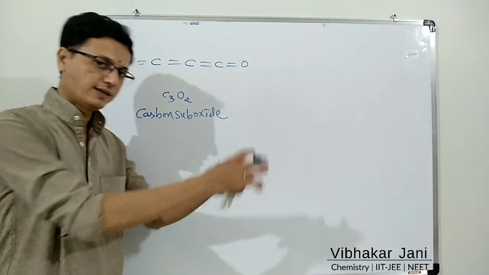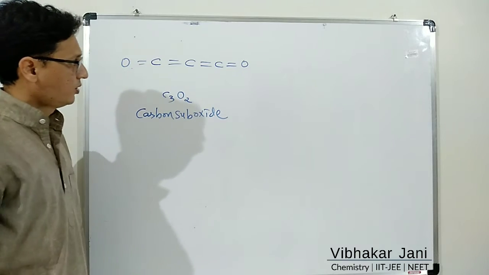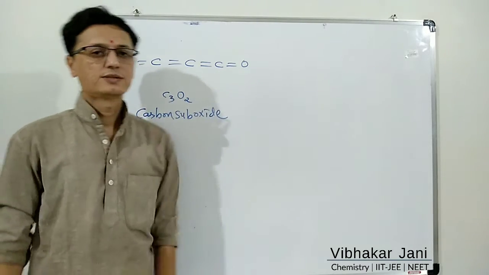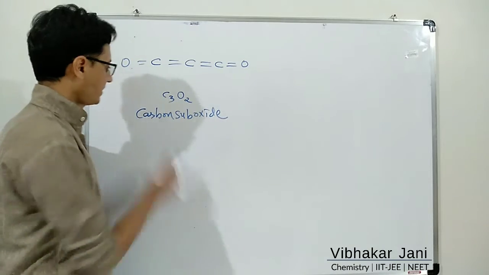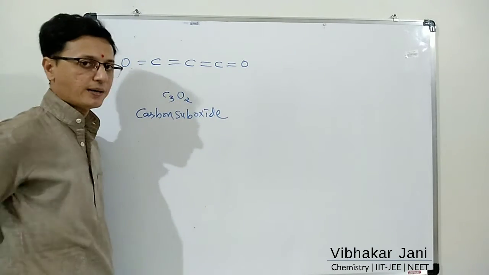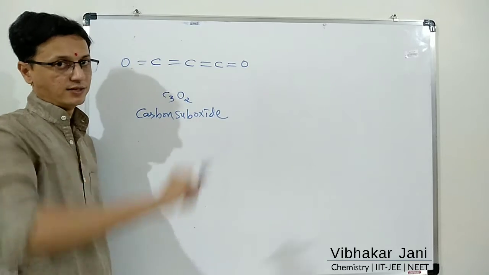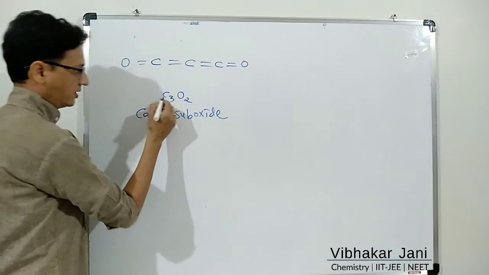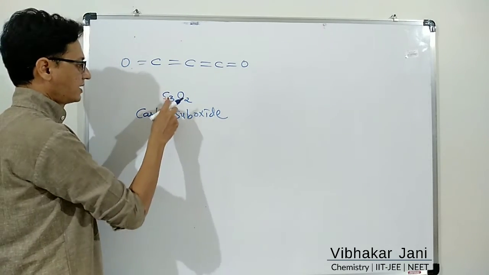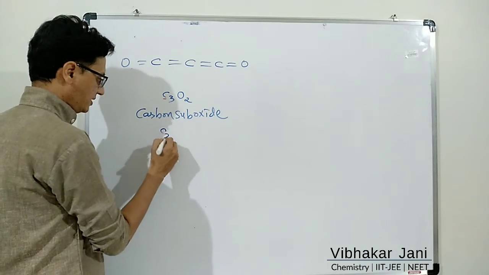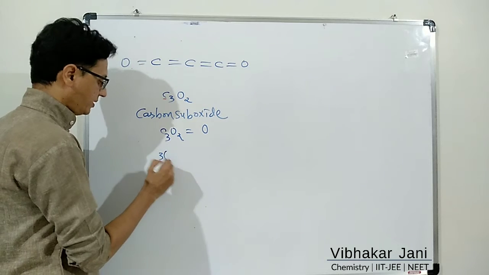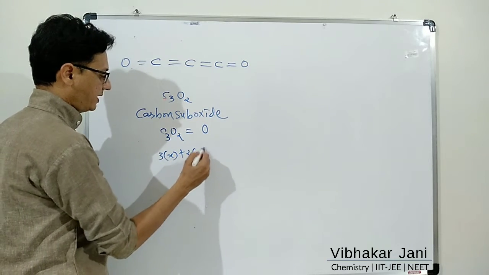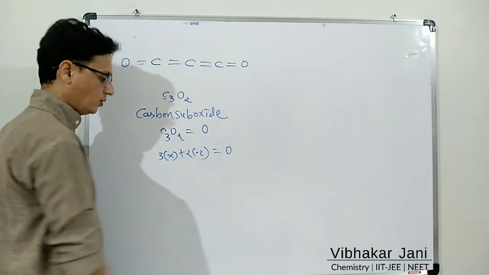This is carbon suboxide. Now here we have three different carbons, and if you find the oxidation state of carbon by using this formula, then you will get a fractional number. Let us count the oxidation state of carbon in carbon suboxide. So C3O2 is equal to 0. 3 multiplied by x plus 2 multiplied by minus 2 is equal to 0.